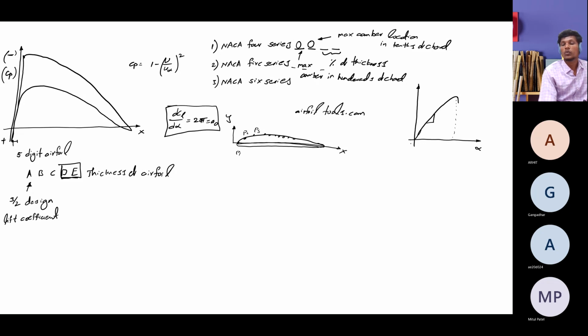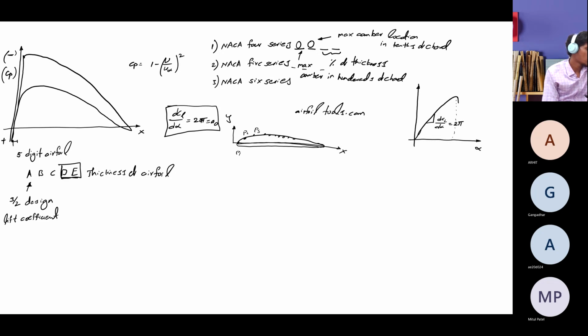This stall region cannot be predicted by the theories developed so far in the class, but the slope of the lift coefficient is theoretically predicted as dCl by d alpha equals 2 pi. So it is one of the important criteria that gives at least an overall, simple idea of the lift coefficient that can be generated by the wing or an airfoil at that angle of attack.